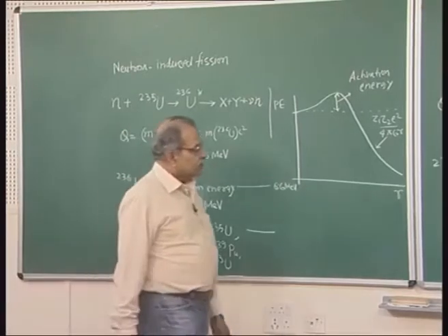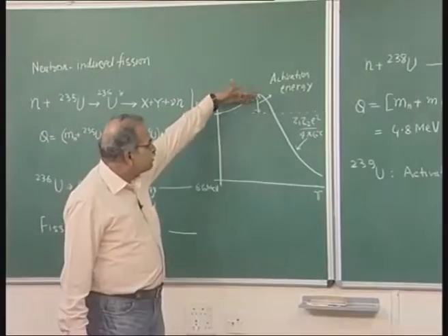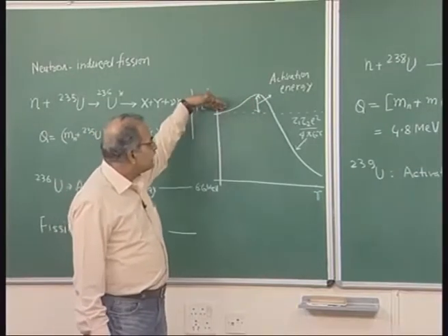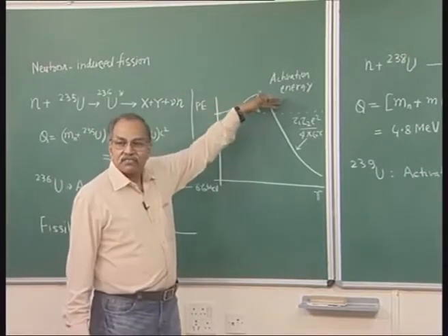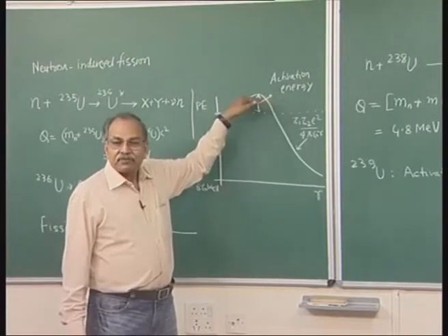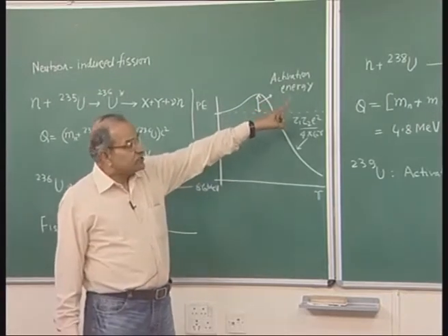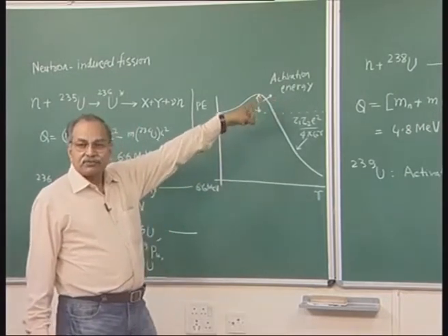And therefore, uranium 239 once it is created is much below this activation energy, and it has to cross this big potential barrier, and therefore, the fission probability will be almost negligible with these low energy neutrons.